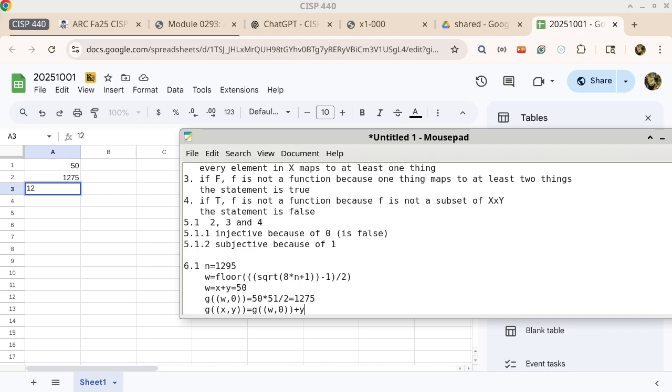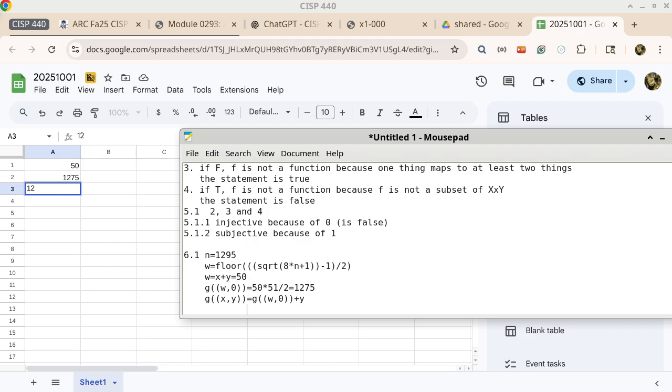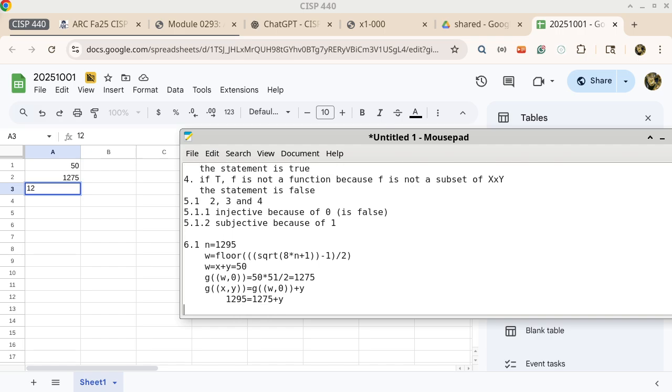Okay, so now this is 1275 plus y. But we also know what the other side is, because that's the end that is given to you, which is 1295. So now we have everything that we need to solve for this y. Y is, in this case, 20, I think. Is that okay? So something like this, okay?